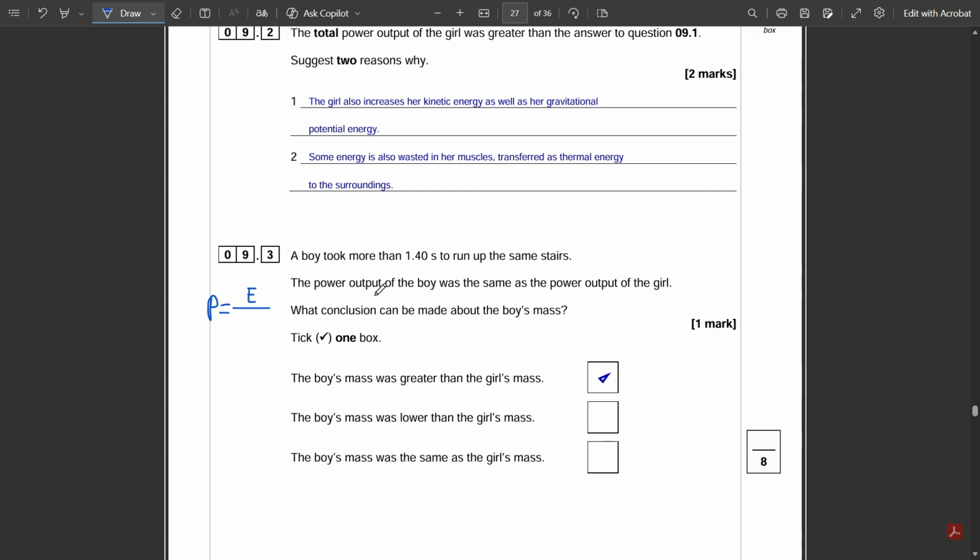If the power output was to stay the same and time is increasing, the energy would also have to increase. And gravitational field strength is constant on Earth. It's the same stairs, so we know the height's constant. So the only thing that can increase to cause the energy to increase is the mass.